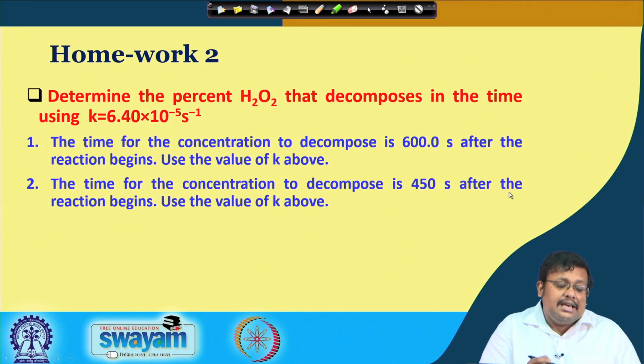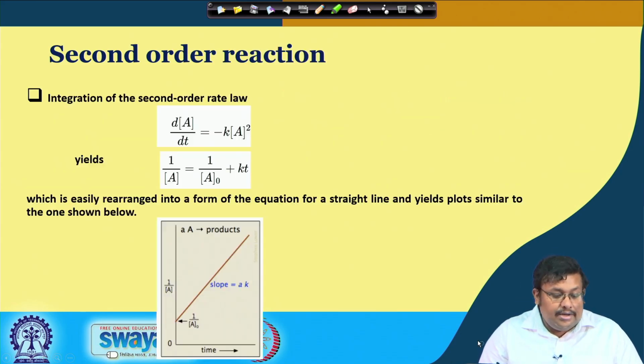So, here you can see I have given you the rate constant, I have given you the time, you have to basically calculate what is the percentage of H2O2 that decomposes in that time. I hope that you can do these 2 homeworks, and I will be sending you the solutions after this week.